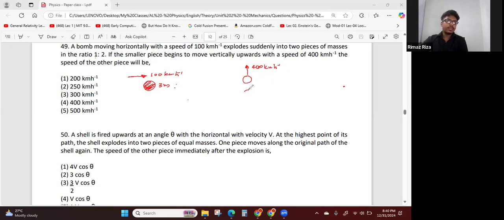If you take the larger mass, this is 1 m, and this is 2 m.